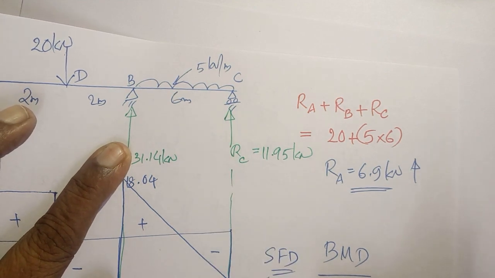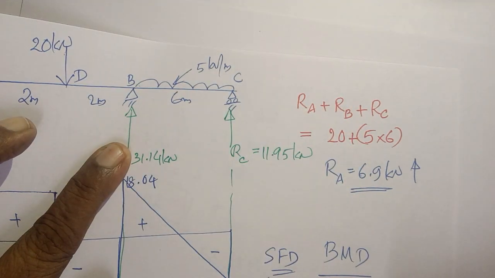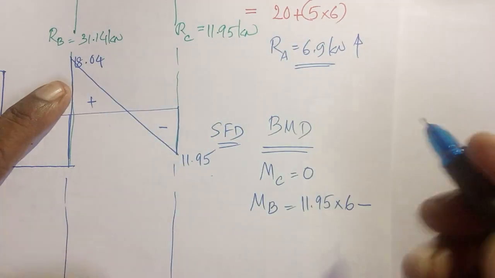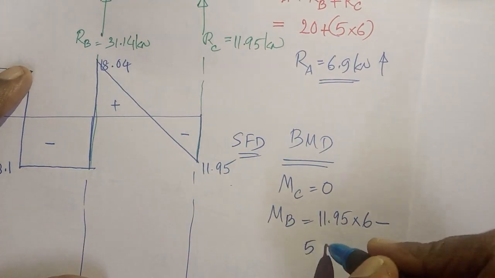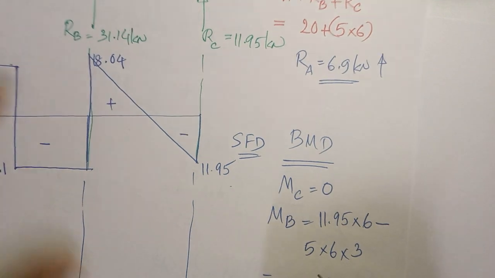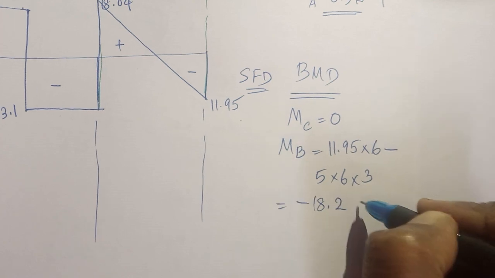Moment is 11.95 into 6, which is a sagging moment, minus 5 into 6 into 3. So it will work out to minus 18.2.